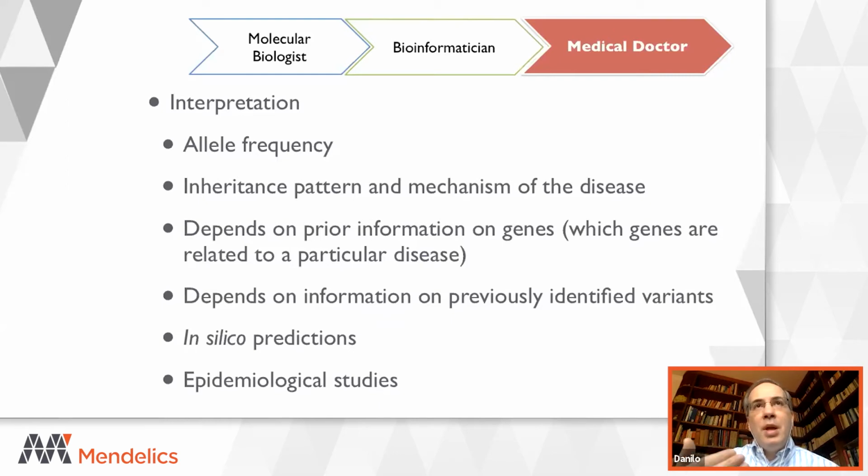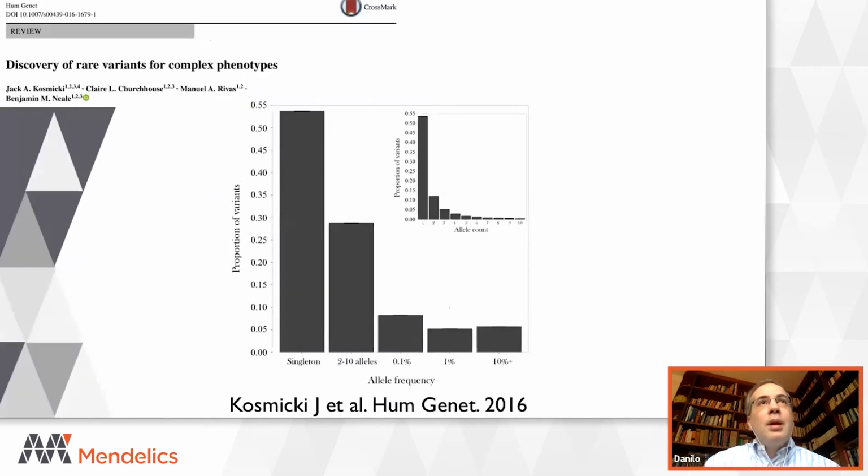It depends on information on previously identified variants, in silico predictions, epidemiological studies. So all of this information will be used to classify these variants. And just to give you an idea, when we do an exome sequencing, and let's say we do 1,000 exomes in the population, if I aggregate each of these variants, what will we find?